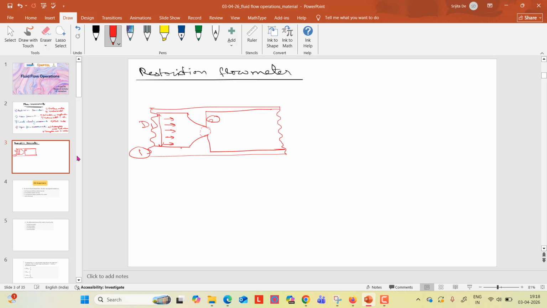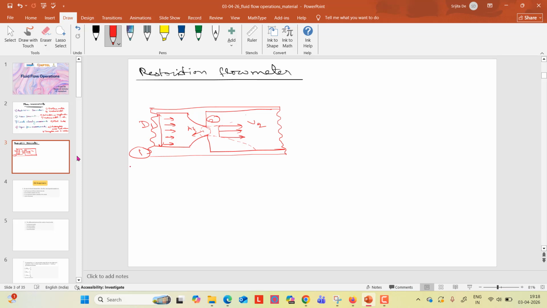Now the velocity will go like this. It will spread like this, right? If the fluid is coming from here, it will spread like this, and this is the velocity profile of it. Here the velocity is v2, right? And we can think that this area is AT.